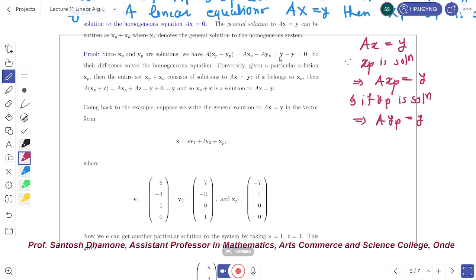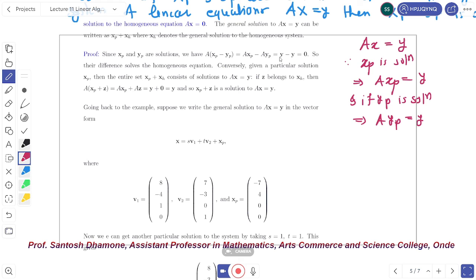Now we can get another particular solution to the system by taking s equal to 1, t equal to 1. This gives yp equal to 8, minus 3, 1, 1.